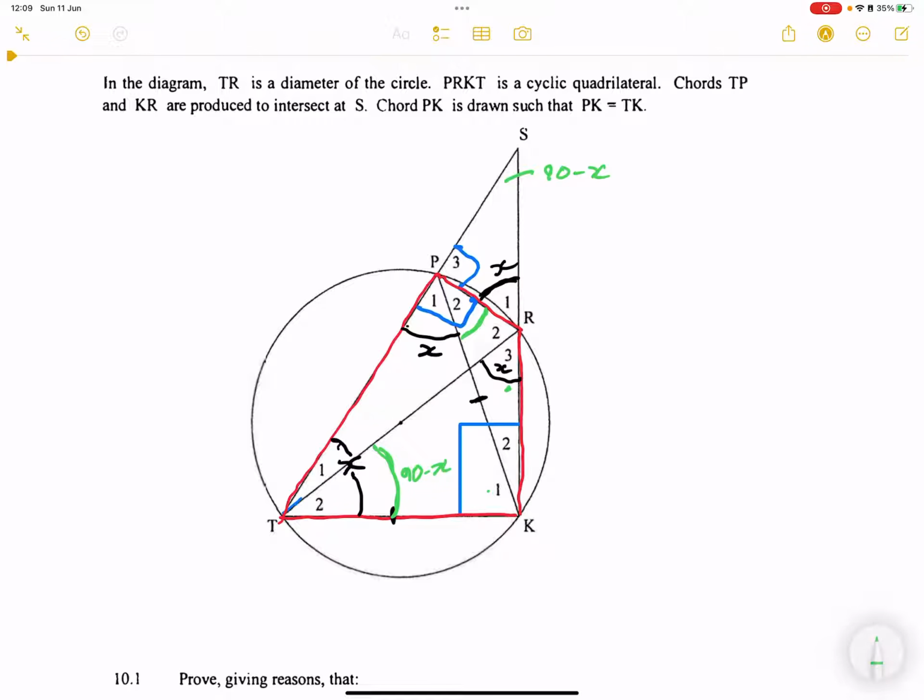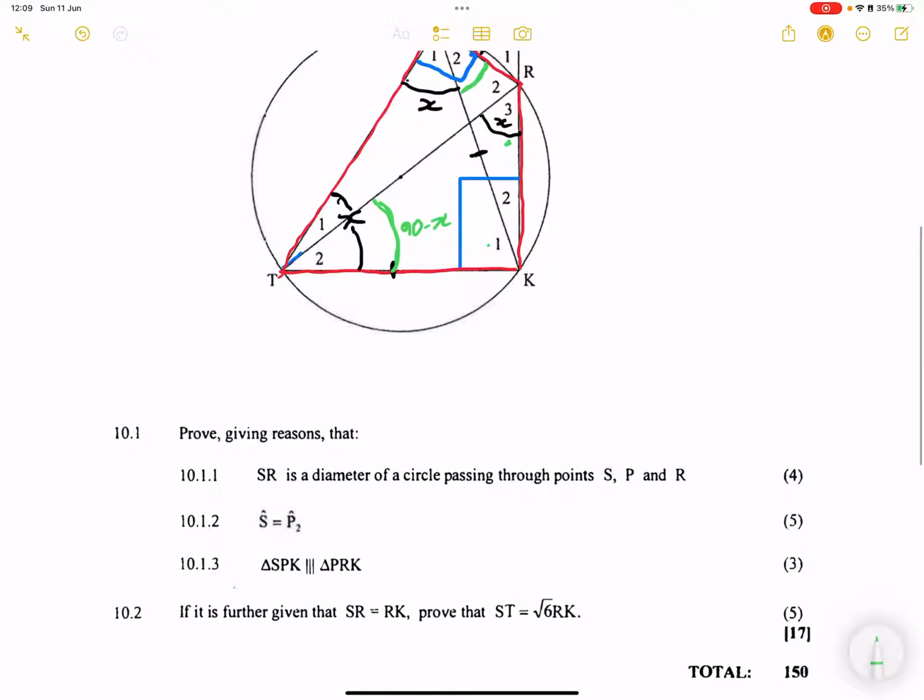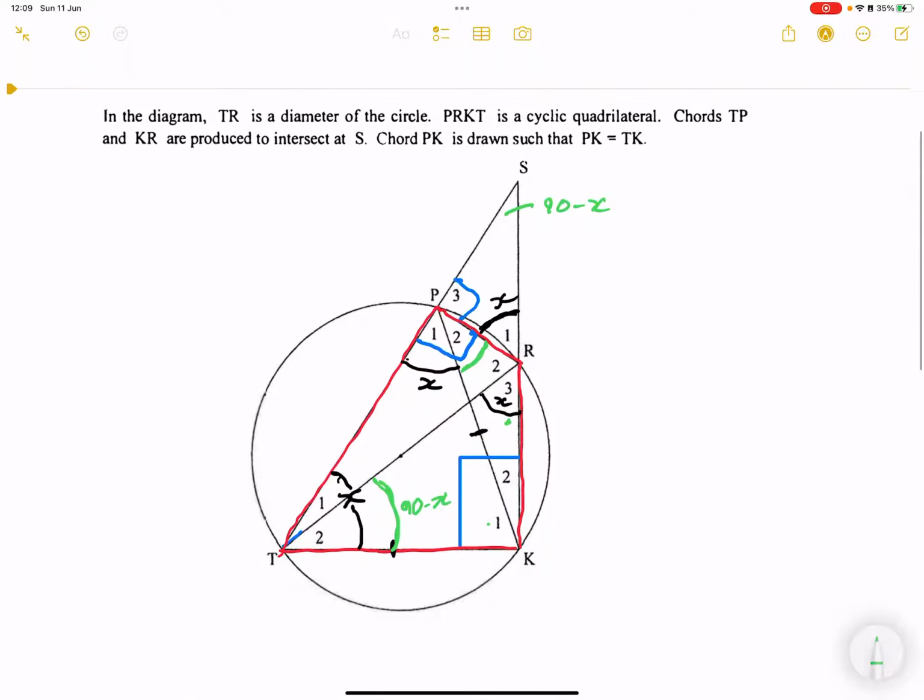So what else do we know there? All right, so what I'm going to try and do is let's look at the questions and see if we can answer. So they say prove, giving reasons, that SR is a diameter of a circle passing through S, P and R. So suppose we had a circle here that passed through these points.